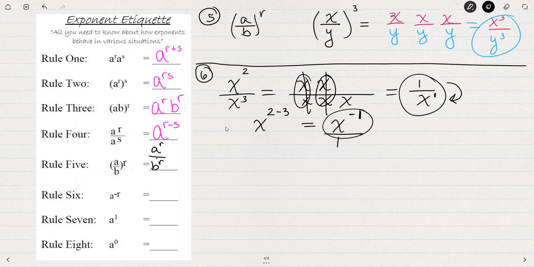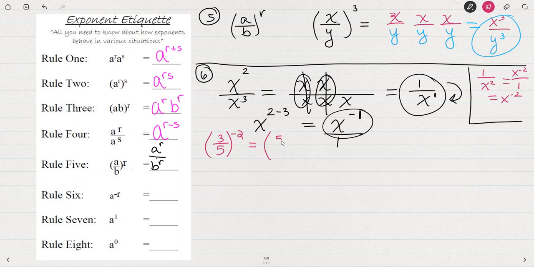Here's another example of this. If we had an x squared in the denominator, and I want to rewrite that, bringing the x squared to the numerator, I can do that by simply making that exponent negative. So this would be the same as x to the negative 2. But try that one a few ways, because here's another way you might see it. 3 over 5 to the negative 2.